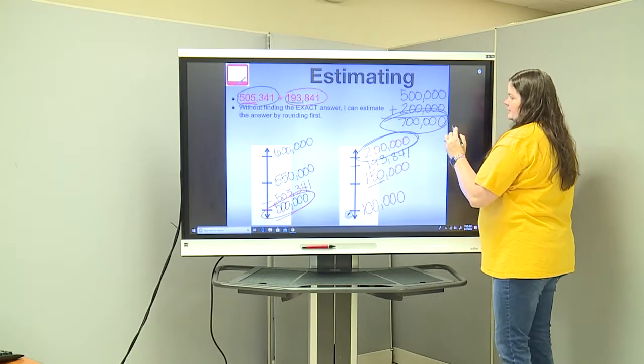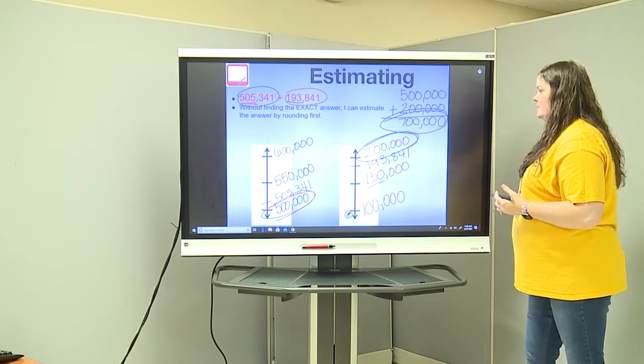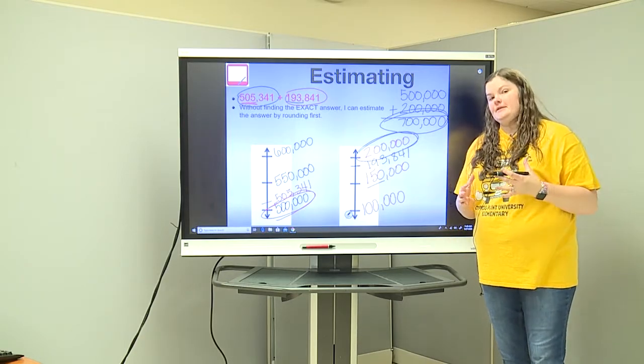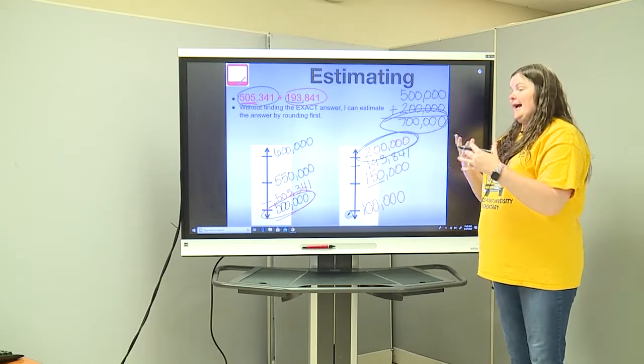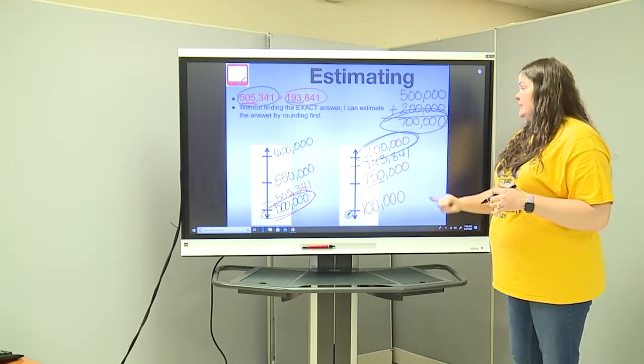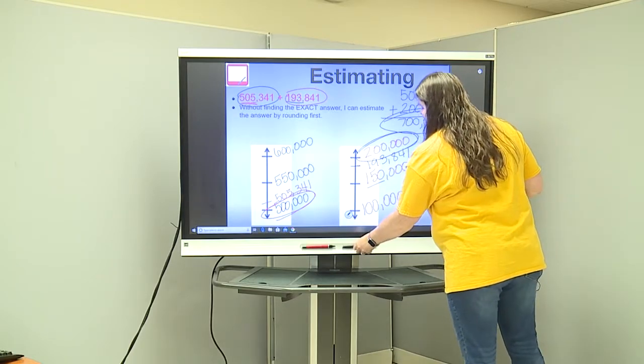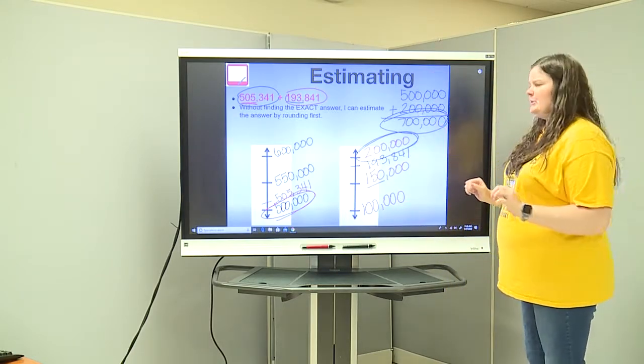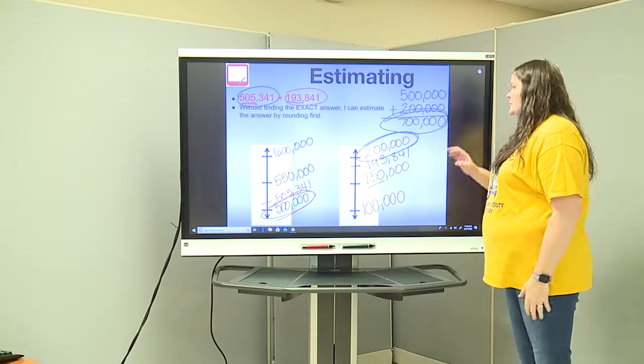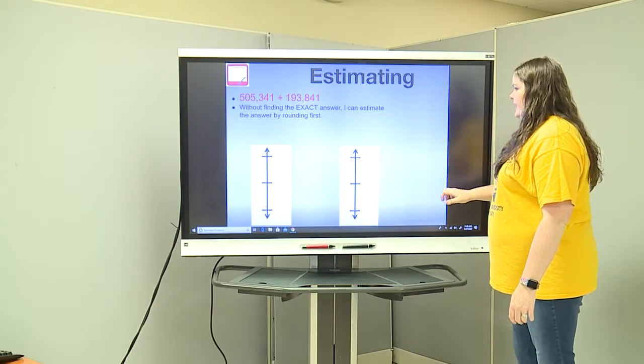So my total, or my sum, would be about 700,000. Now, if I went back and I actually added those together using the exact numbers, it's going to be pretty close to 700,000. So I know that took a little bit of work, and it was a little longer than those others, but good job keeping up with that. Very good job.